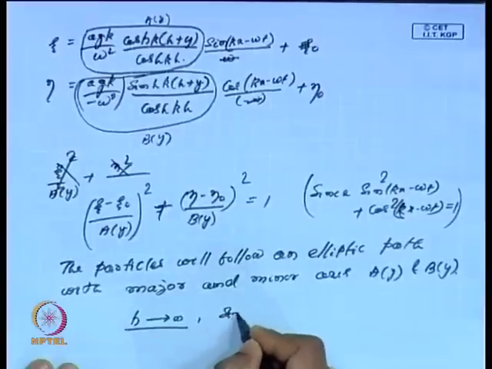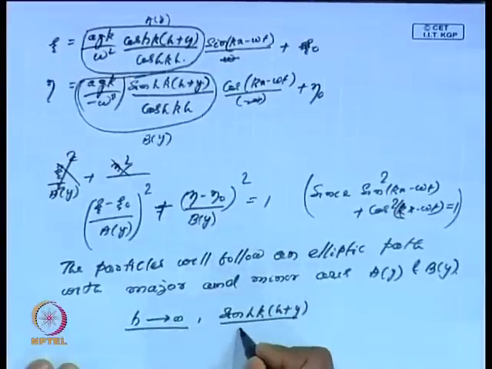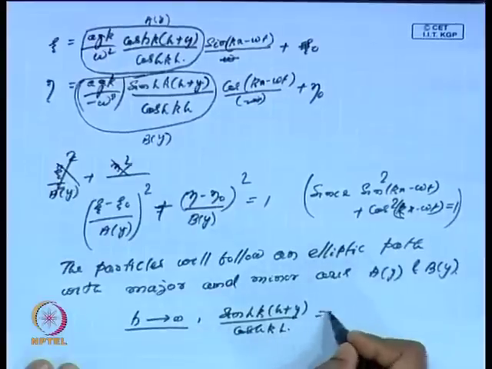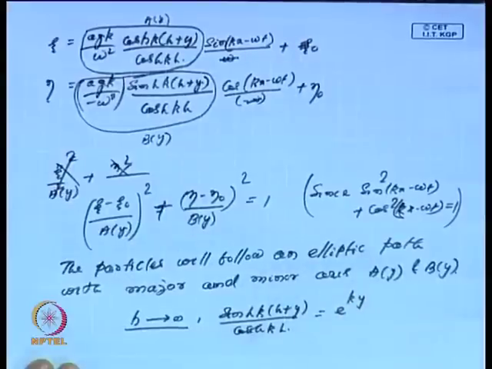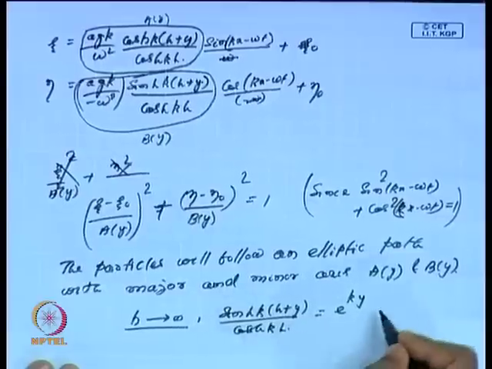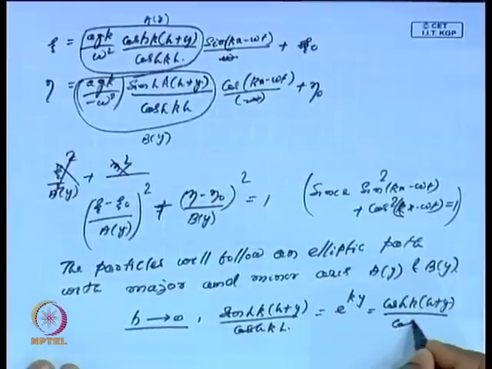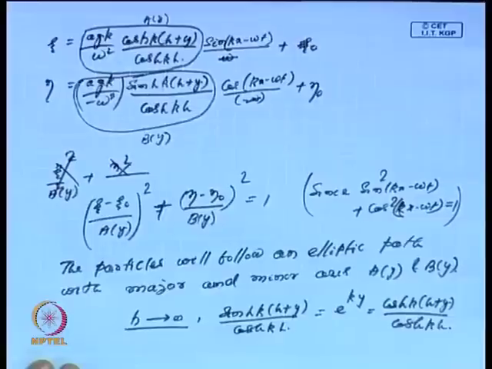Then we have sinh k(h + y) by cosh kh will be e to the power ky, and similarly cosh k(h + y) by cosh kh is the same.